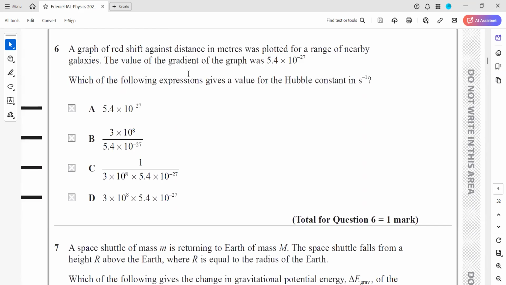The graph of redshift against distance in meters was plotted, and the gradient of the graph is given. Which of the following expressions gives the Hubble's constant?